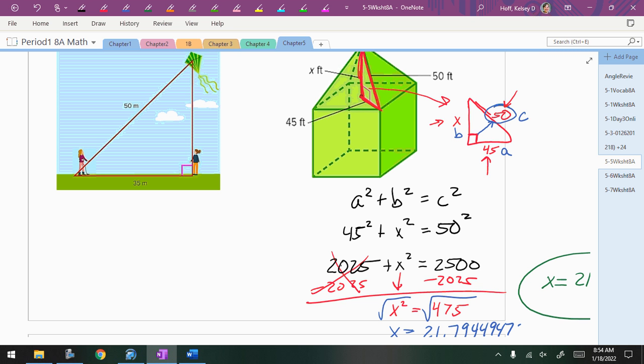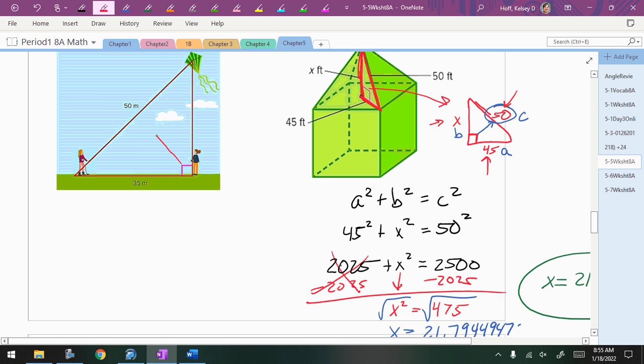Can't end with a square. What's your next step? Oh, you got it there. Gotcha. What should you get as an answer? 35.7. Now let's talk about how we get there.